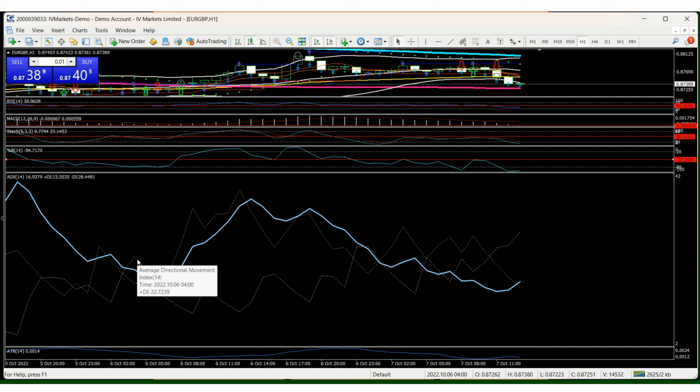Although all my candlestick charts, all my indicators and my oscillators are telling me that it is a downtrend, still, based on ADX, it's a weak downtrend, because the number that we have got over here is 16.